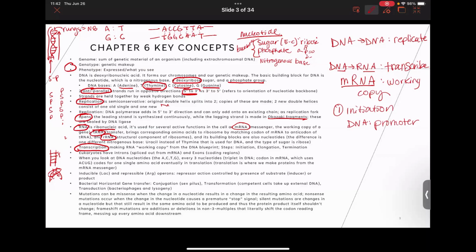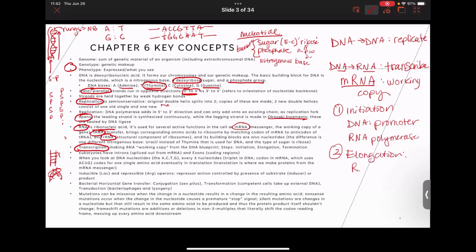And so RNA polymerase, which is very similar to DNA polymerase, but we're making RNA now, is an enzyme that will add RNA nucleotides, so U, C, G, in the 5' to 3' direction, exactly like how we were doing with our DNA replication, but we only need to make one strand. And so that'll happen in the 5' to 3' direction through our next step, which is the elongation.